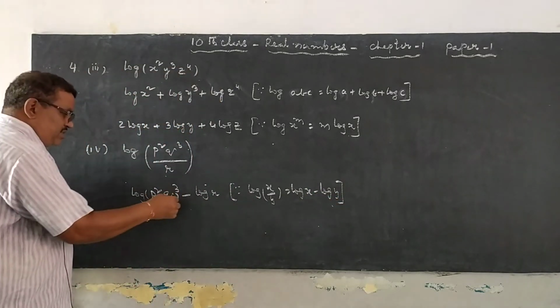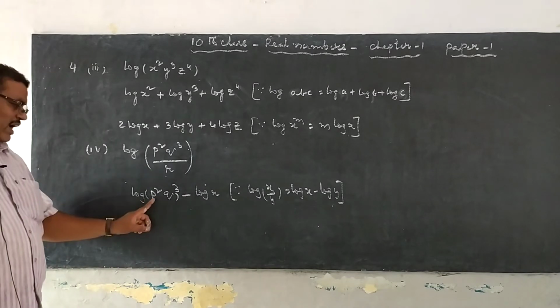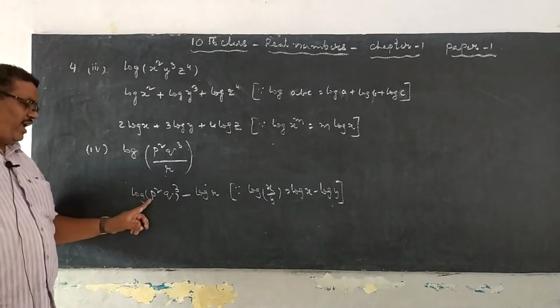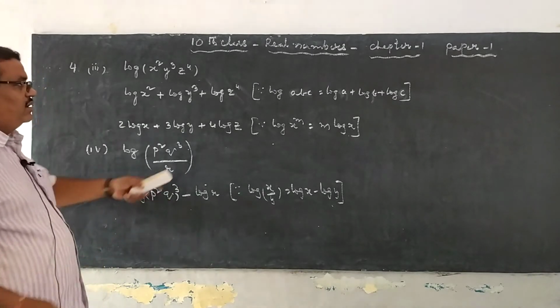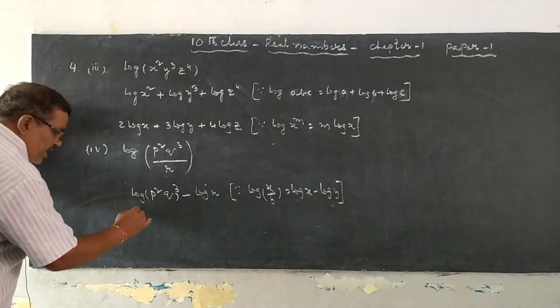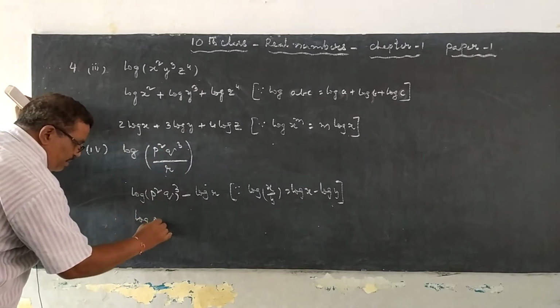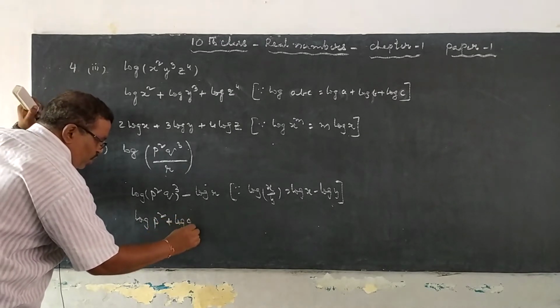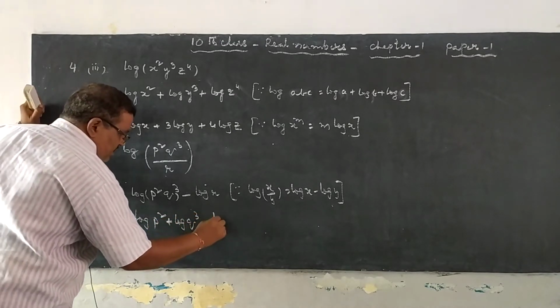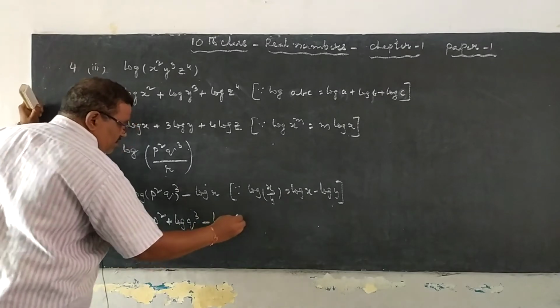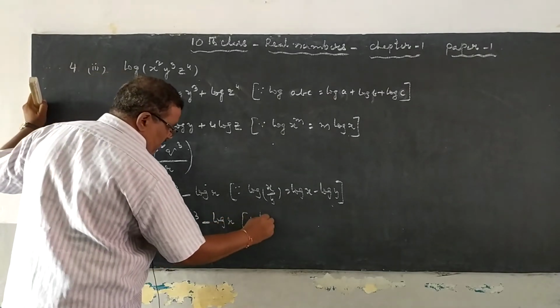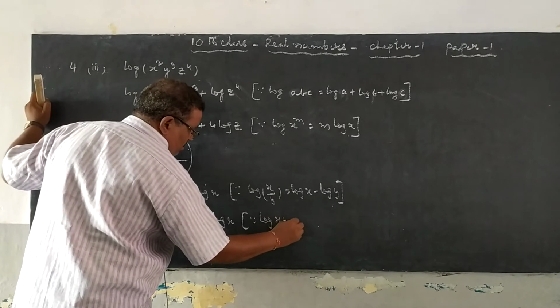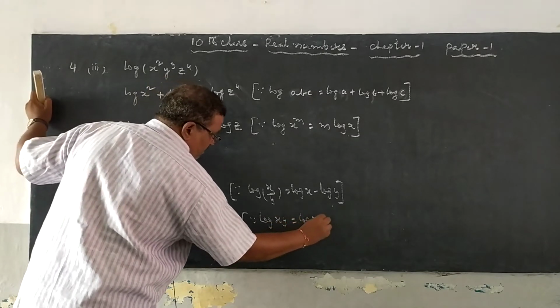Again here another formula is there, log xy. The log xy formula is log x plus log y. So log p square plus log q cube minus log r, from the supporting formula log xy equals log x plus log y.